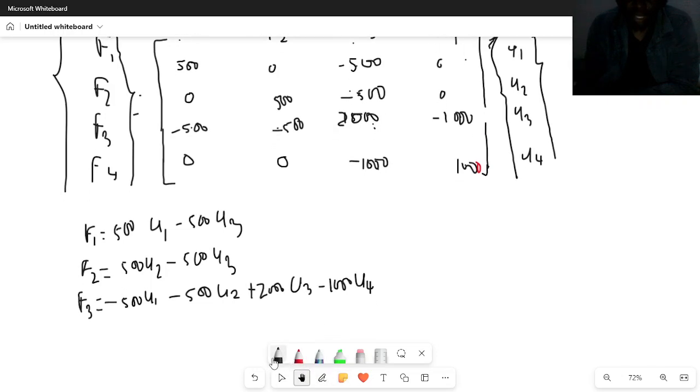Again, we move it up here. What do we have? We have F4. u1 multiplied by 0, u2 multiplied by 0. So what you have is minus 1000 multiplied by u3 and then 1000 multiplied by u4.